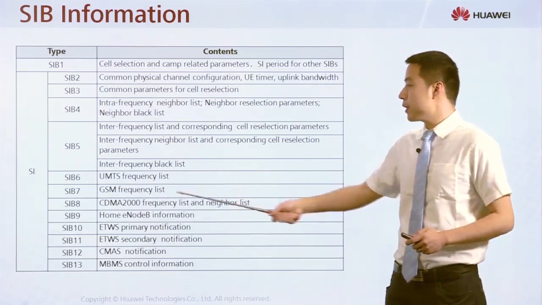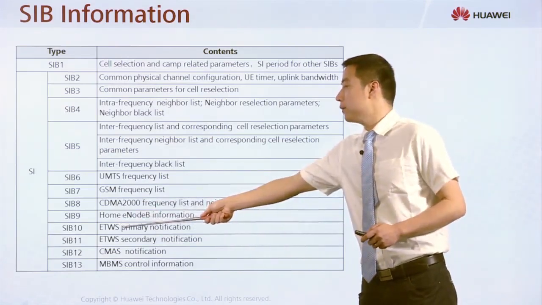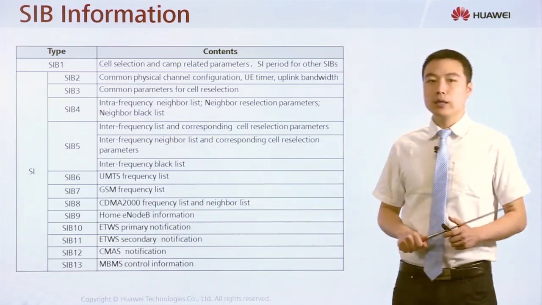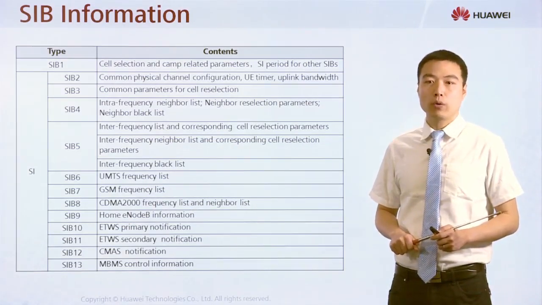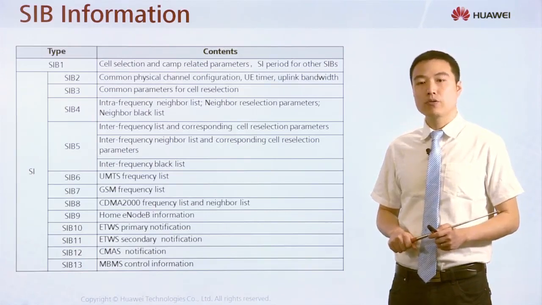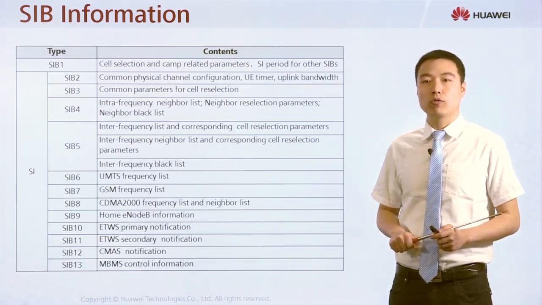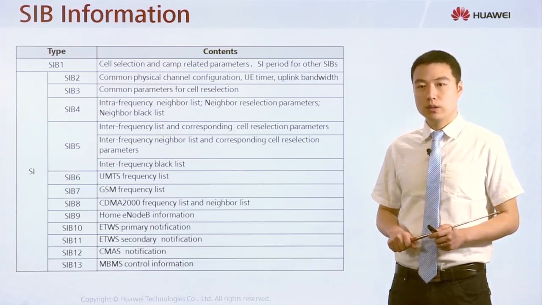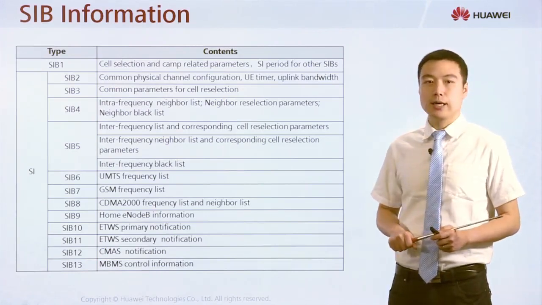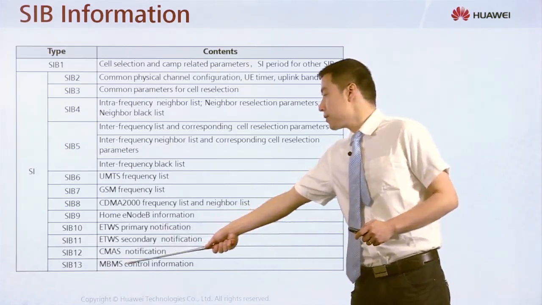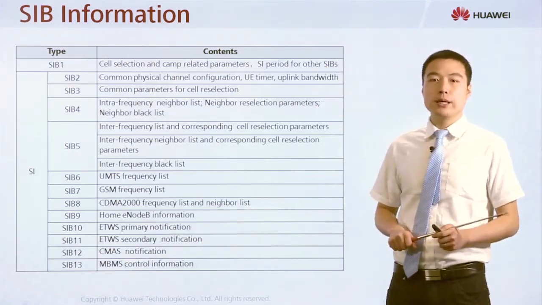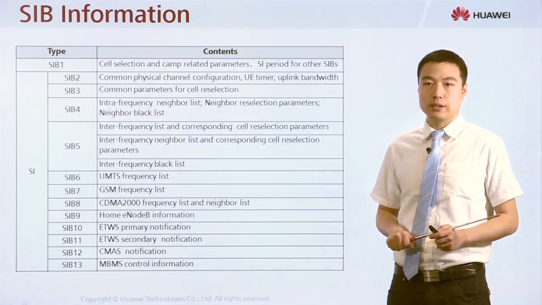Here, I need to mention the ETWS. The ETWS here means earthquake and tsunami warning system. It's a kind of service that provides warnings for all the mobile phones staying in these cells. And the MBMS here means multimedia broadcast multicast service.